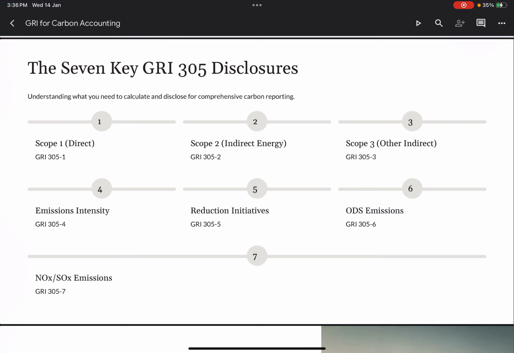If there are ozone depleting substances in the industry, especially if cooling is employed, those are reported in GRI 305-6. The other emissions, especially the nitrogen oxides and sulfur oxide emissions, are included in GRI 305-7. So these are the 7 key disclosures included in GRI 305.